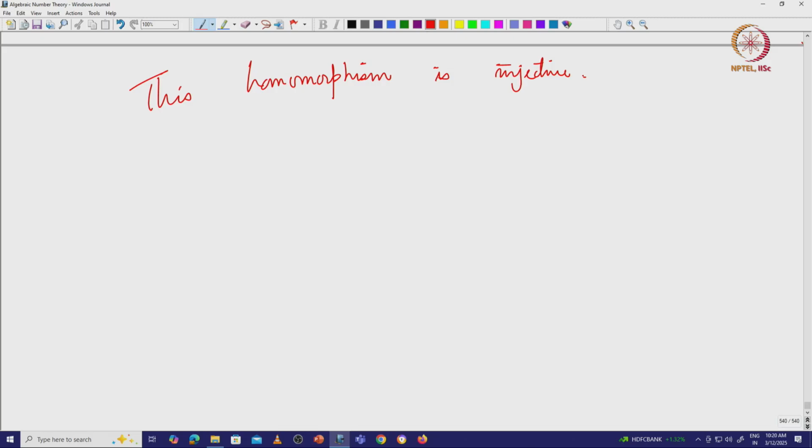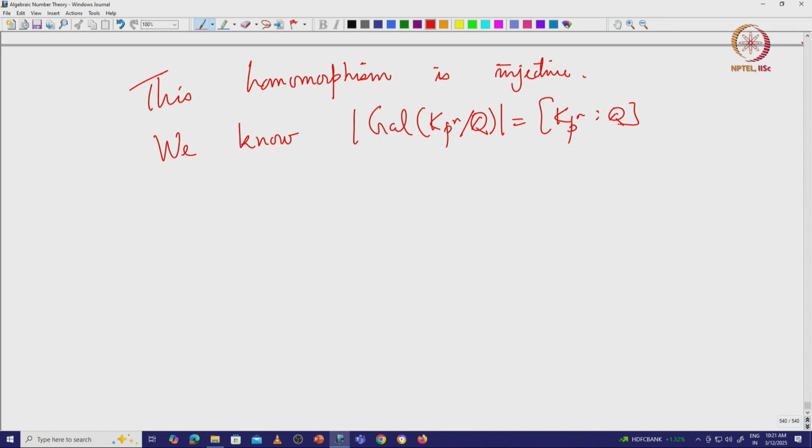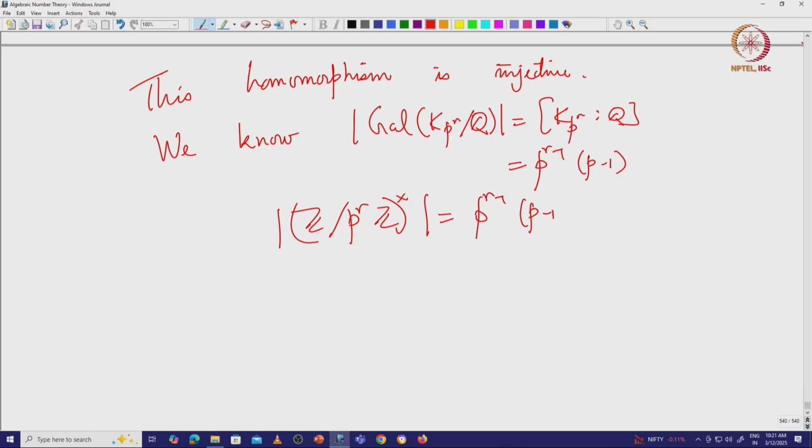But now we know that the number of elements in the Galois group of K p to the r over Q is equal to the degree of K p to the r over Q, which is p to the r minus 1 into p minus 1, and the number of elements in Z mod p to the r Z cross is also p to the r minus 1 into p minus 1.